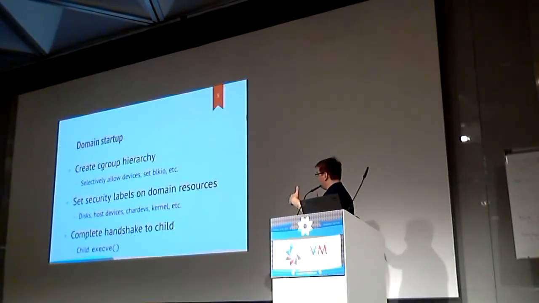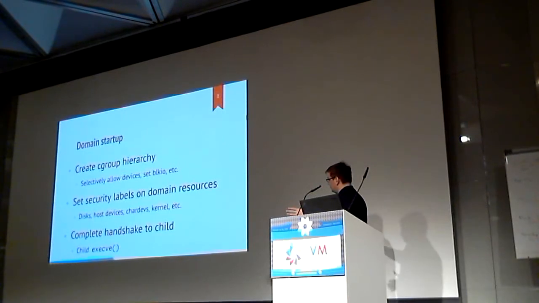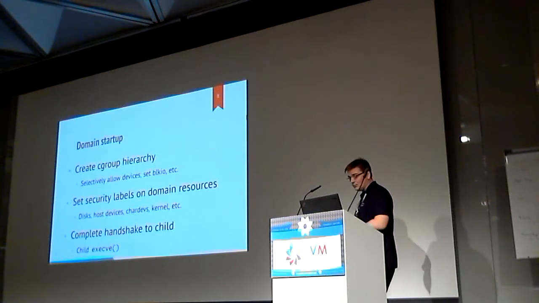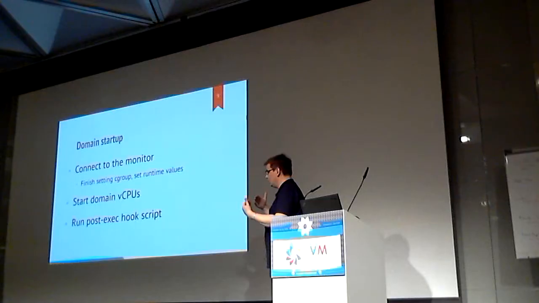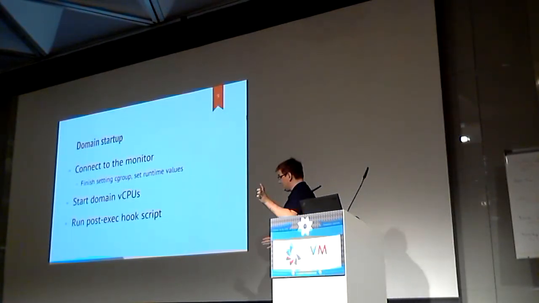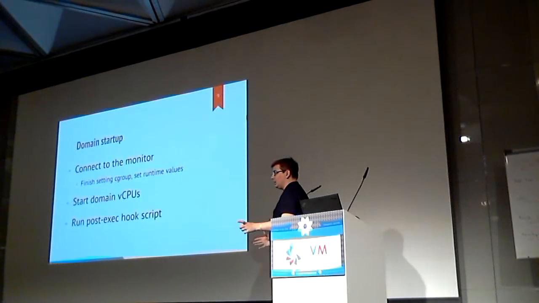Once this is complete, we send a signal to the child, meaning: child, okay, you can now execute the QEMU binary. The daemon will then try to connect to the QEMU monitor to finish the runtime settings. For instance, one of the runtime settings that we set is disk passphrases, VNC or SPICE passwords.